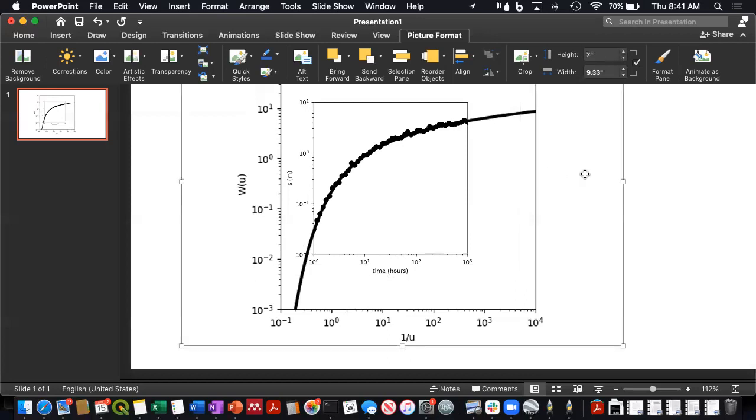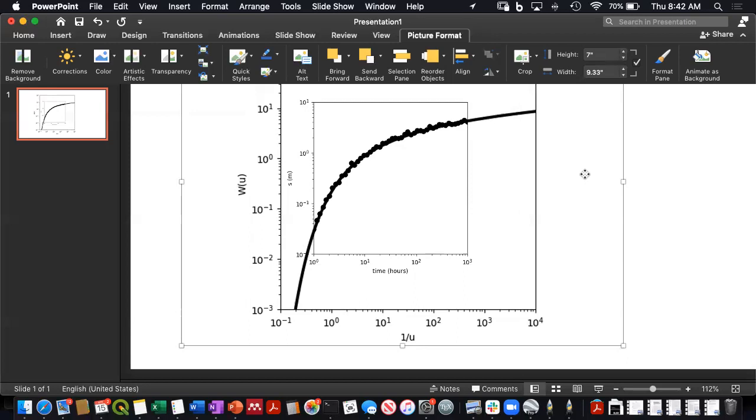Okay, so now I've gotten my data and my type curve at the same scale. I've overlaid the data so that it fits my type curve in the best way that I can see visually. So this is called type curve matching. All we've done is match the data to the type curve.